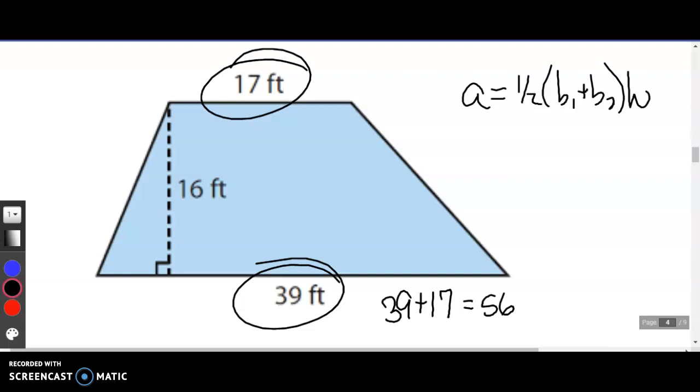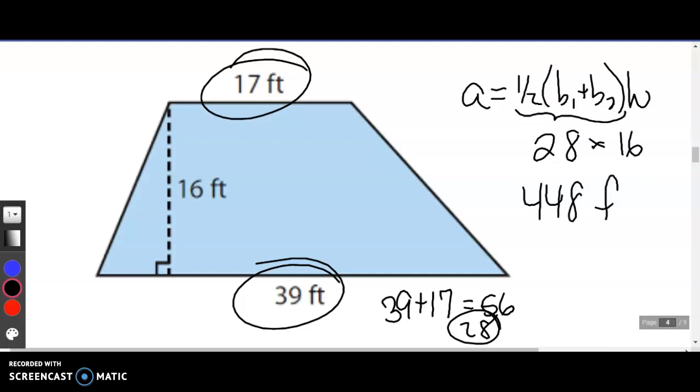And then half of 56 is 28. So the average of the bases is 28. And then if we multiply that by the height of 16, we get an answer of 448. And then the label is feet squared, because area is always squared.